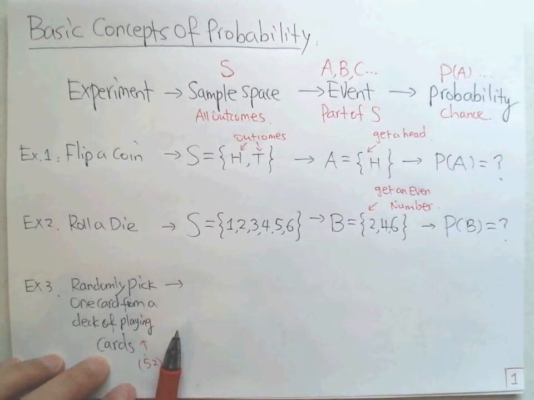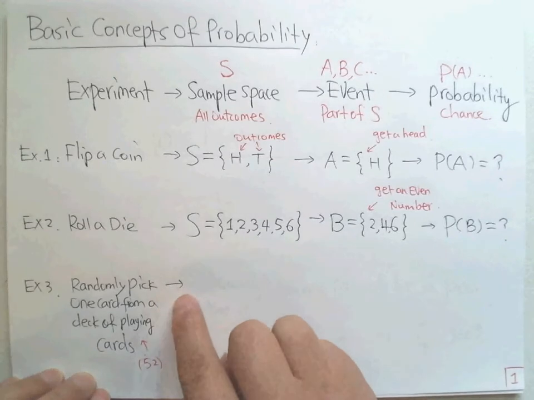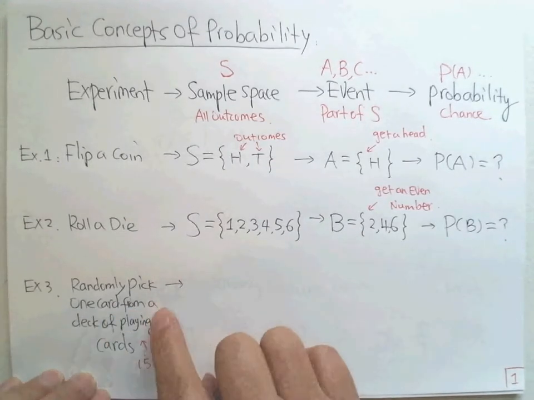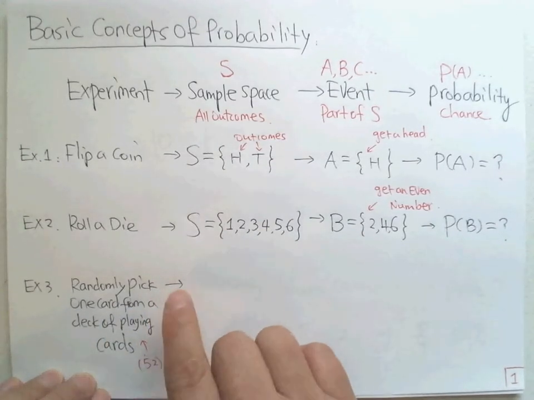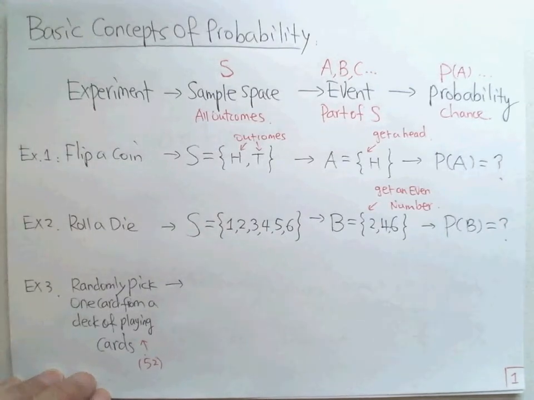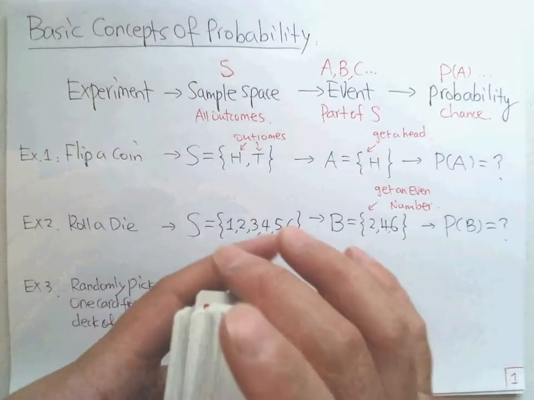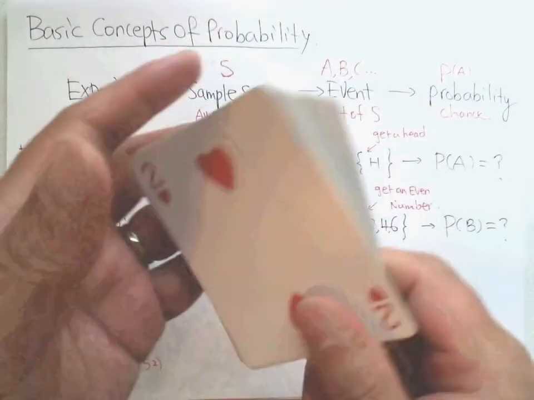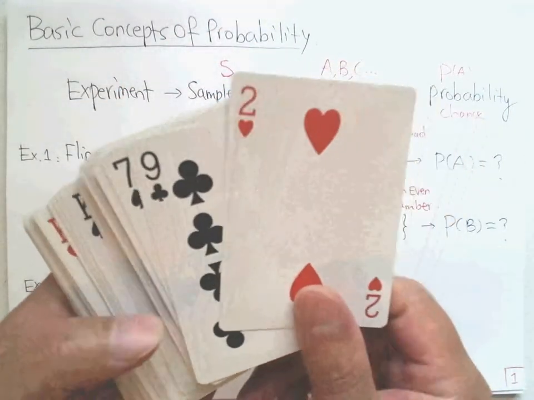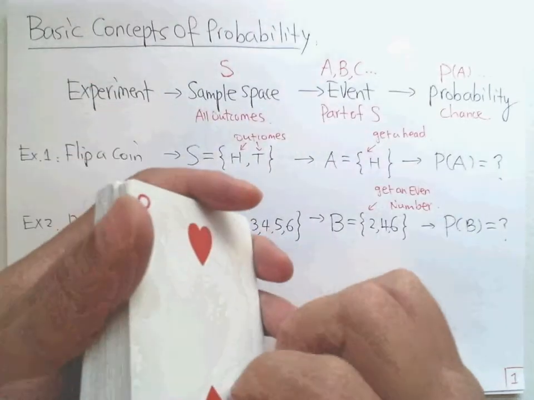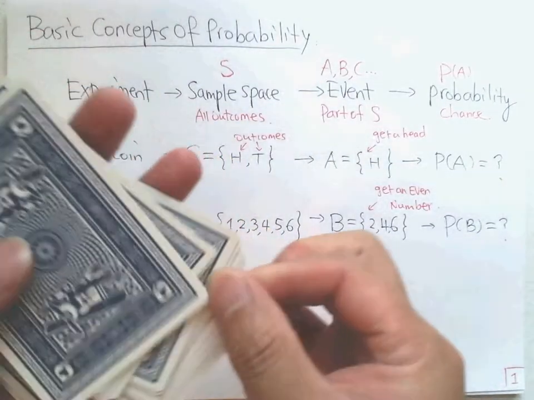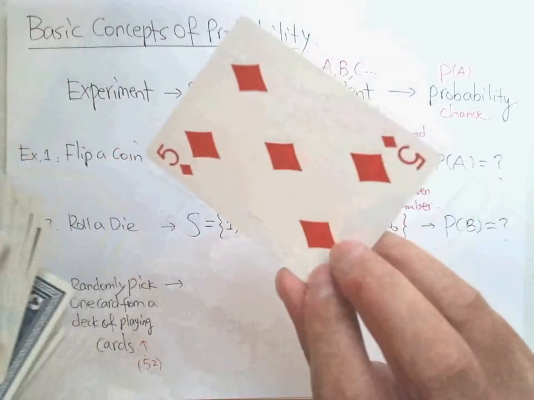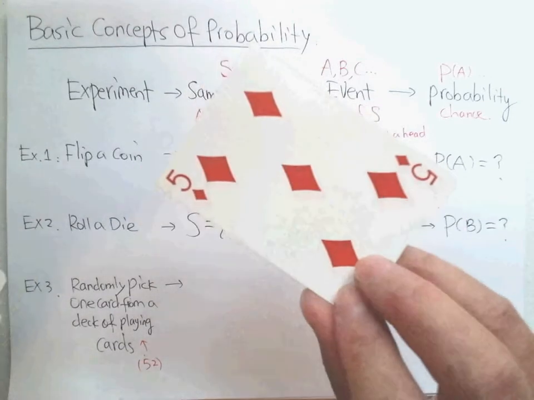So look at the third example: randomly pick a card from a deck of playing cards. I show you a playing card here. This is a normal playing card deck with 52 cards, 4 suits and 2 colors. If I randomly pick one card, I get, for example, a diamond 5.